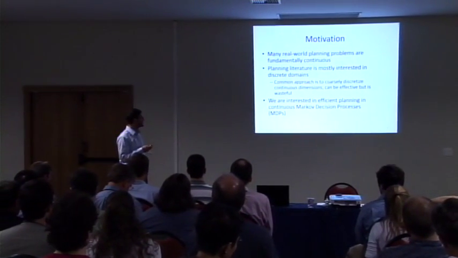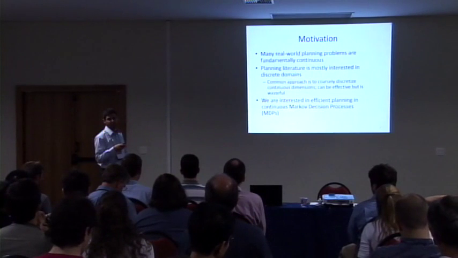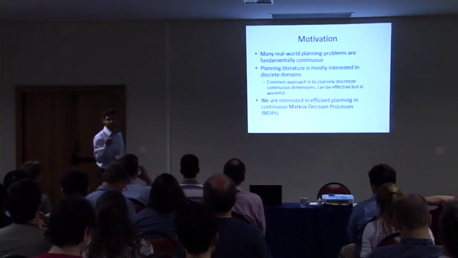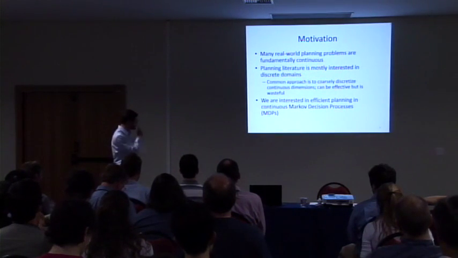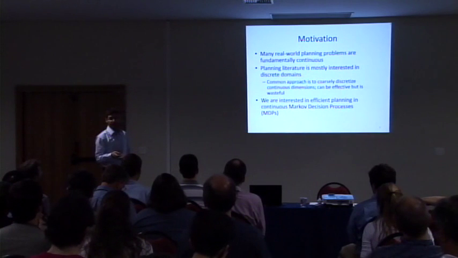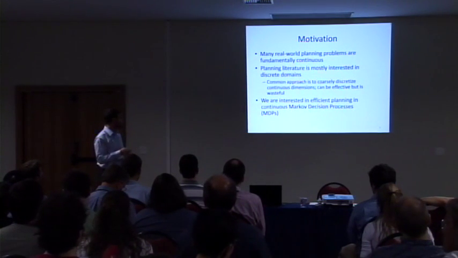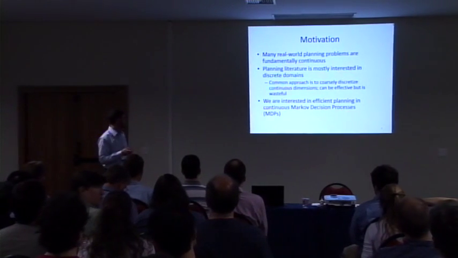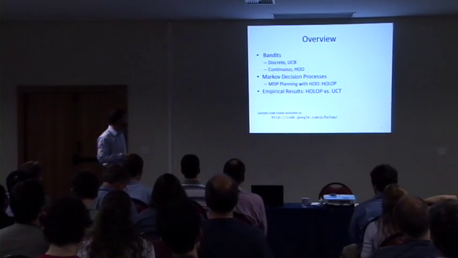This can be effective, but the problem is that it can be very wasteful in domains, especially ones that have a large number of dimensions, because of the exponential blow up that you get in that situation. So in this talk, we're going to talk about efficient planning in continuous Markov decision processes, and doing so natively without any sort of advance predetermined discretization.